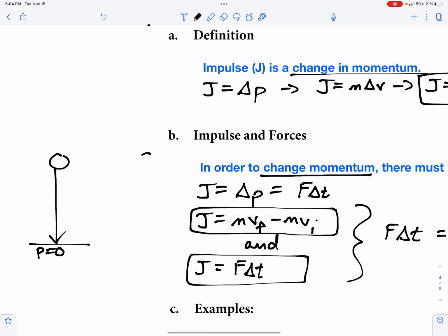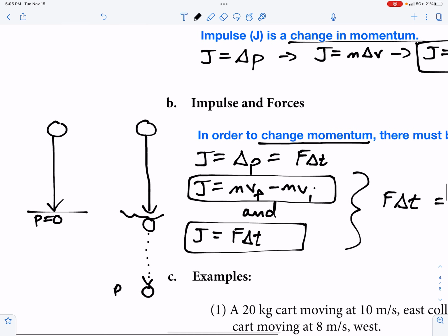But then let's say we take watermelon number 2 and we drop it into some water. That watermelon is going to take time to come to rest. So it still comes to rest, but it does so delta t seconds later, more time. More time meaning less force. Less time, more force.